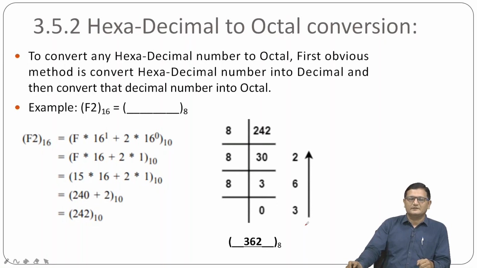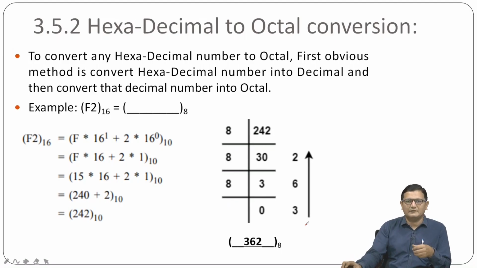So 15 into 16 makes 240, and 2 into 1 is 2. The final answer is 242. We have converted the given hexadecimal number into decimal. But we actually have to convert hexadecimal into octal, not decimal. First we converted the hexadecimal number into decimal form.